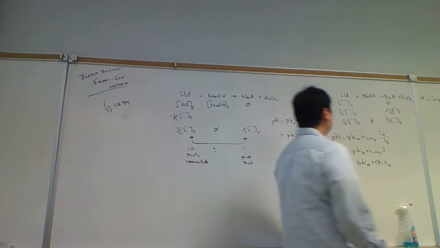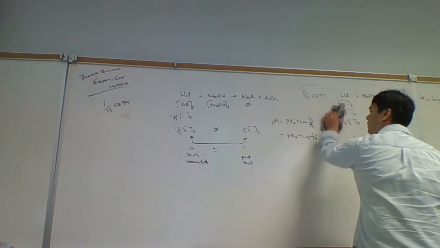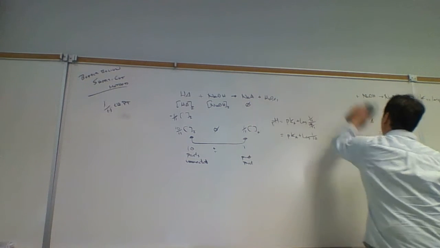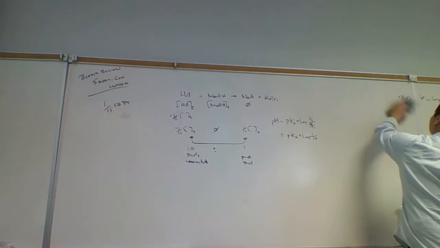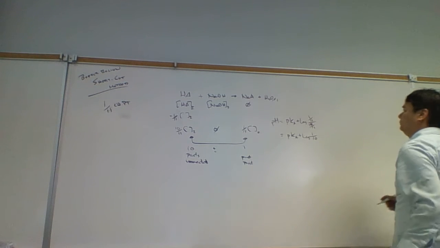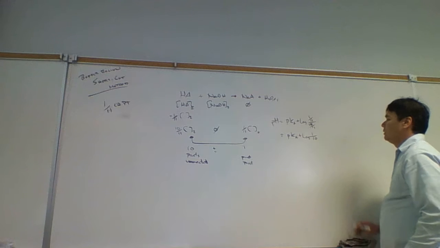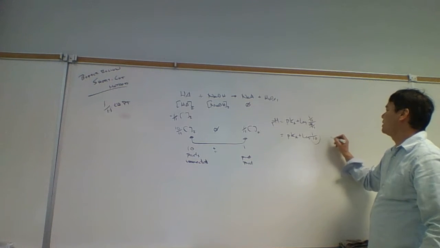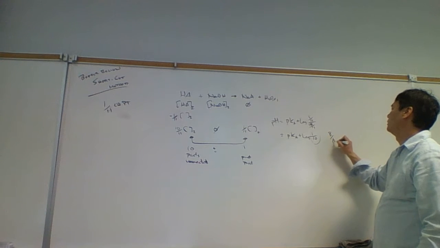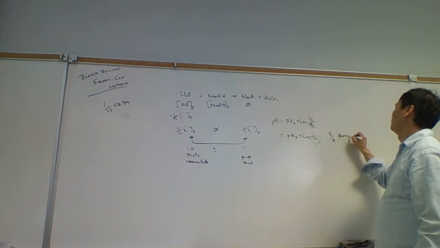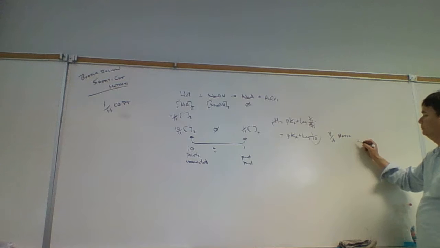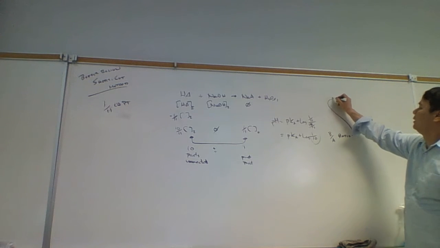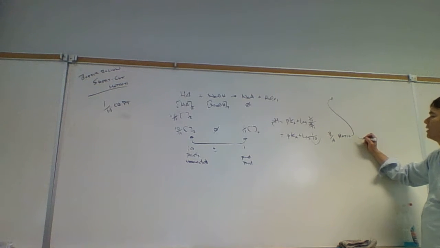What we have to look at is how the base to acid ratio compares to the equivalence point. The way we understand that is, okay, this is the base to acid ratio, and how it compares to the equivalence point is like this.